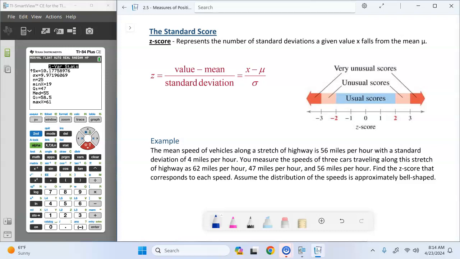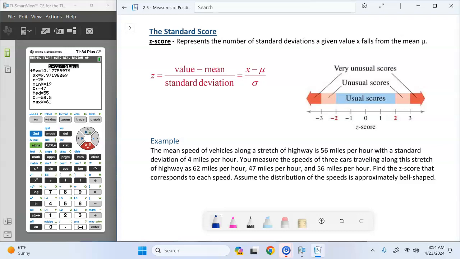The Z-score is that same kind of idea, but it allows us to get a much more specific value rather than just saying it's around 1 or 2 standard deviations above or below. It gives us, for a specific value, exactly how far above or below the mean it is relative to the standard deviations.